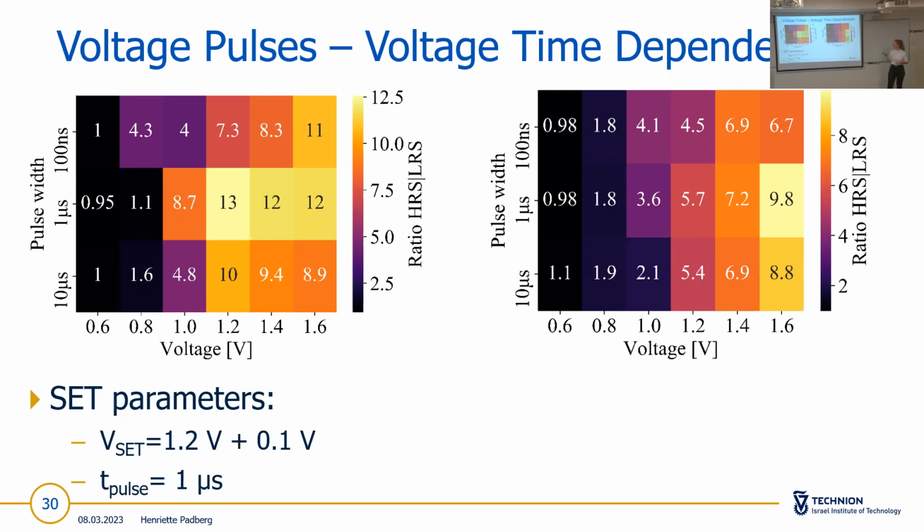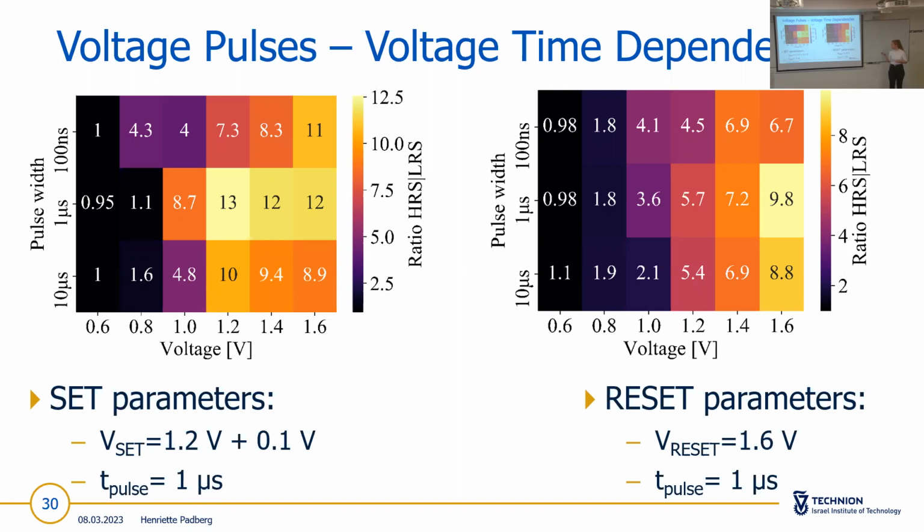The same can then be done with the reset. And here you can see that the voltage dependency is more like what you would expect, because here the HRS distribution is much broader, so you don't have this very narrow stable state of the HRS. You have many more opportunities, so you can switch into different states. But also here you can see that the pulse width at some point decreased the result.